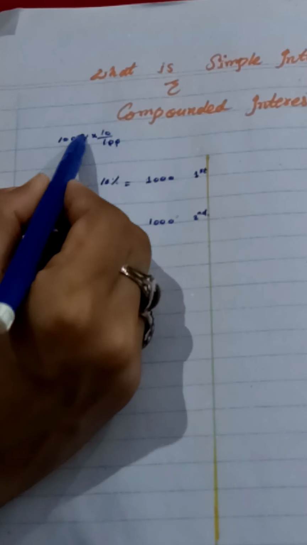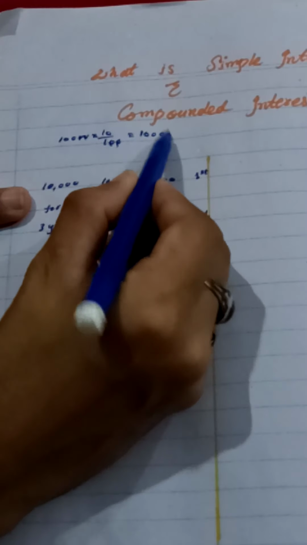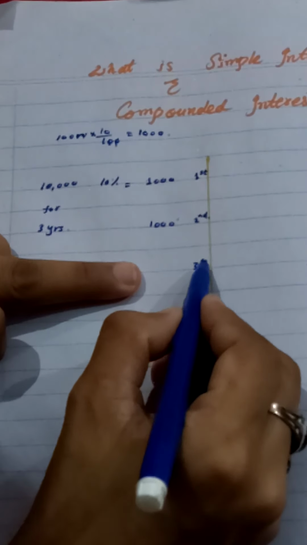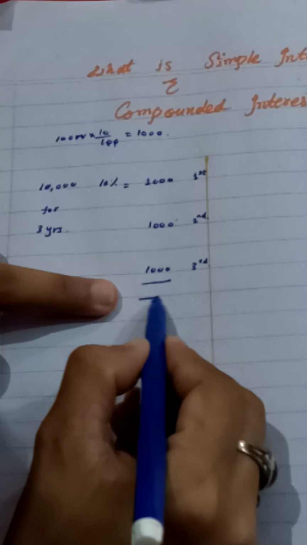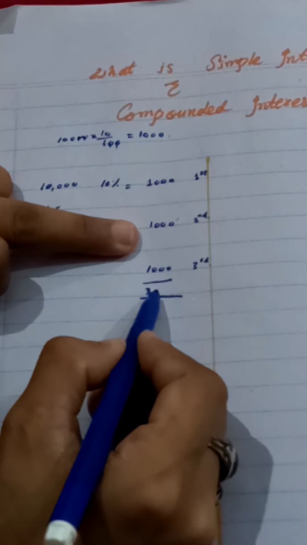Zeros cancel, so 100 multiplied by 10 is equal to 1,000. First year interest 1,000, second year interest 1,000, and third year interest 1,000. So after 3 years, total interest is 3,000.